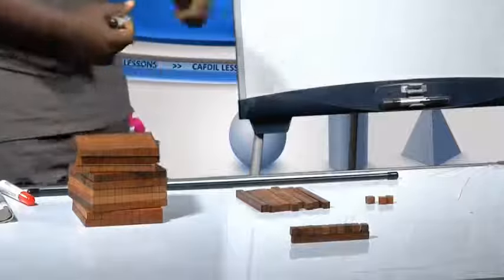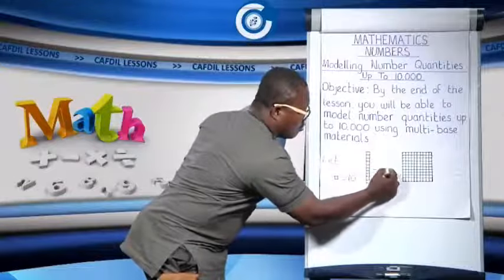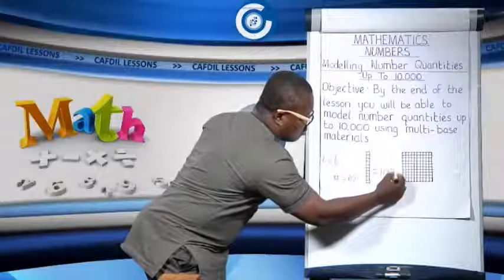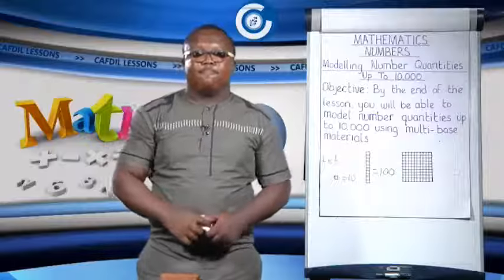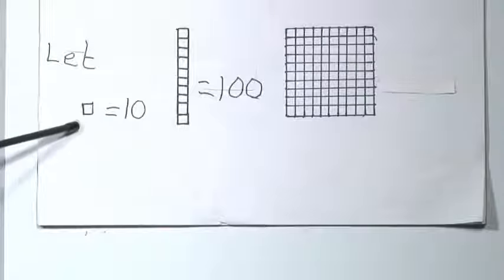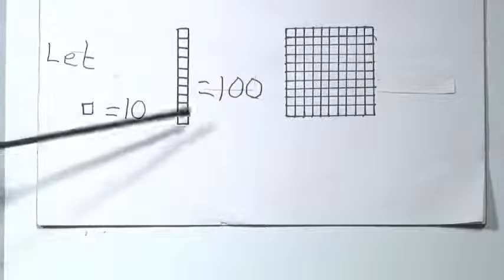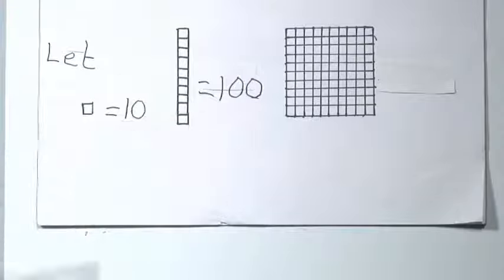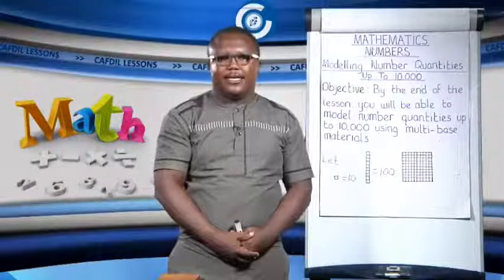So now the long will be 100. So now the cube is 10, so the long here will be 100. That is what we have done.